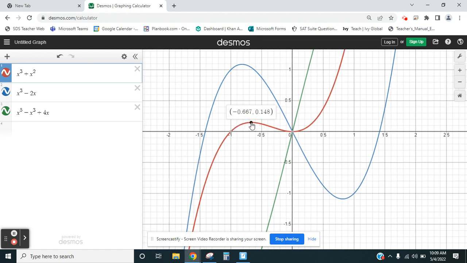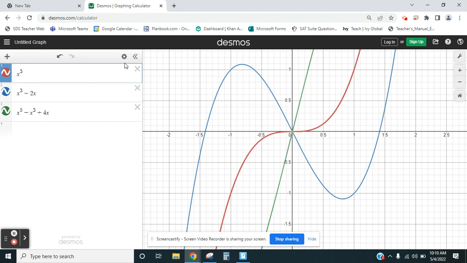If I take a look at this point right here, there is not a version of it that is somewhere over here, right? This point does not have a counterpart that has a point of positive 2/3, negative 0.148. There's no counterpart to it. There's no symmetry.